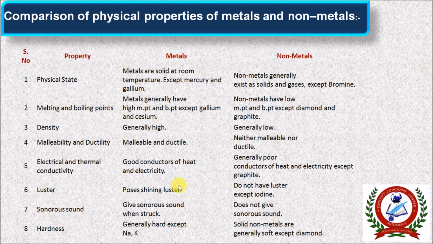Nonmetals don't have luster except iodine. Sonorous sound: metals give a sonorous sound when struck. Nonmetals do not give a sonorous sound. Hardness: generally metals are hard, whereas nonmetals are solid, generally soft except diamond.